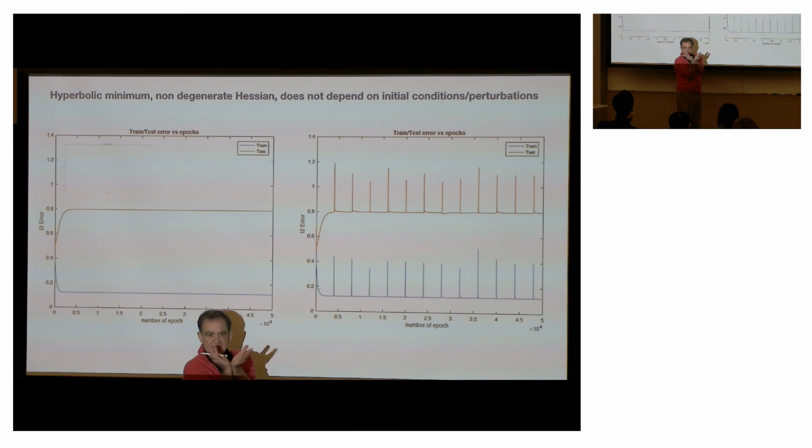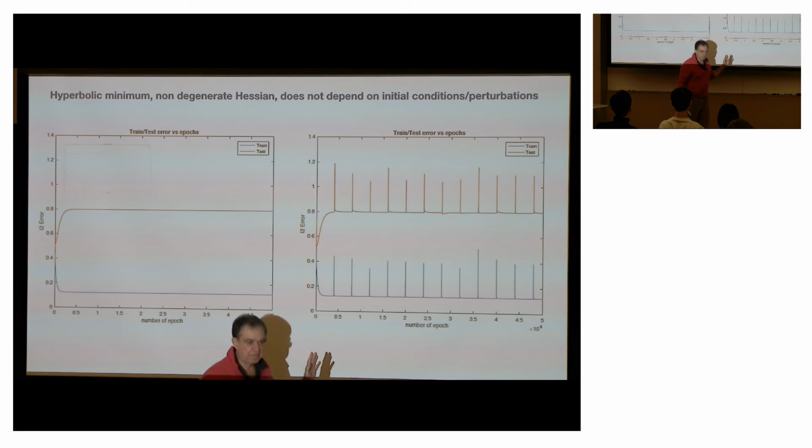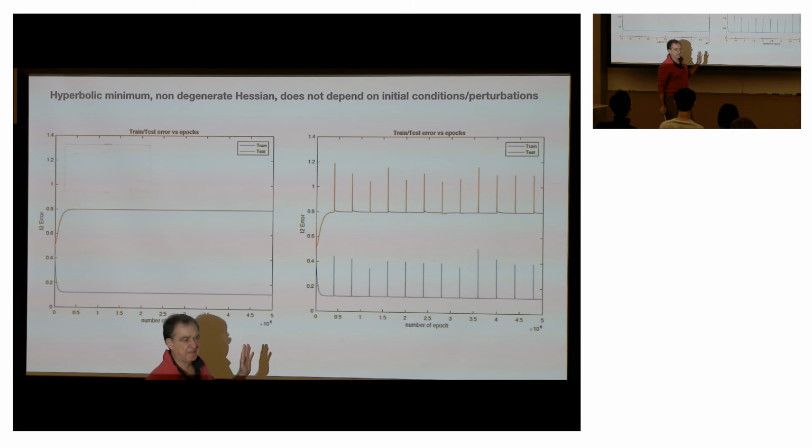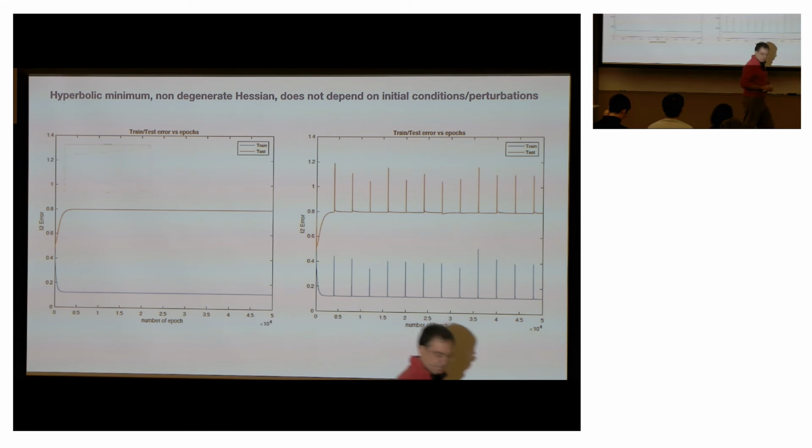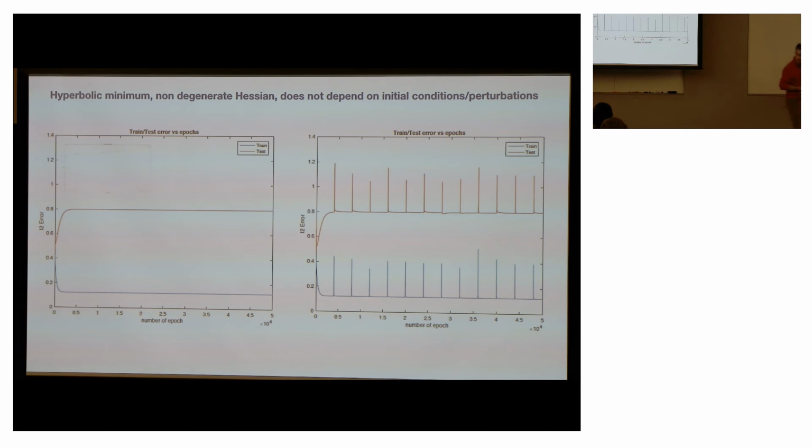It's like you are in a stable hole here, and you move your ball, your weights, and they come back to the equilibrium point despite perturbation. This is equivalent to having a stationary point which is invariant, independent of initial conditions. And on the test error, the same thing.